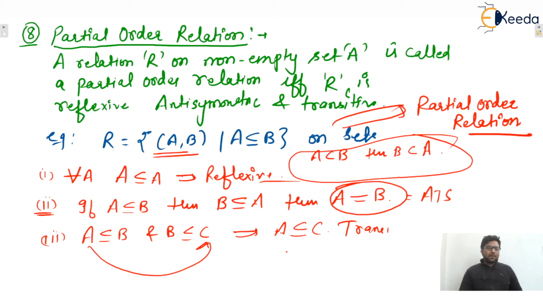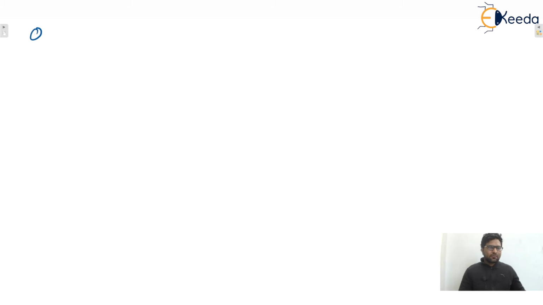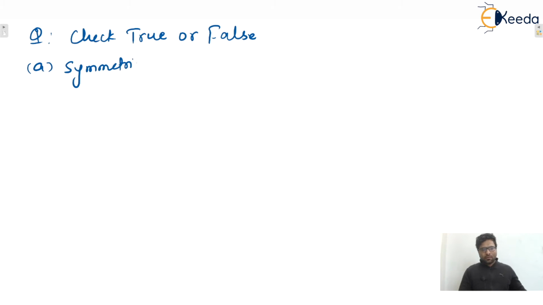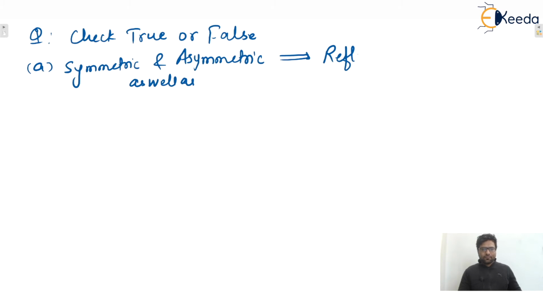So consider one example and we'll see. Let us consider one question. Check true or false for the following statements. Statement A: if a relation is symmetric as well as asymmetric, then it is reflexive. Here, 'and' means 'as well as', and 'if then' means implies.